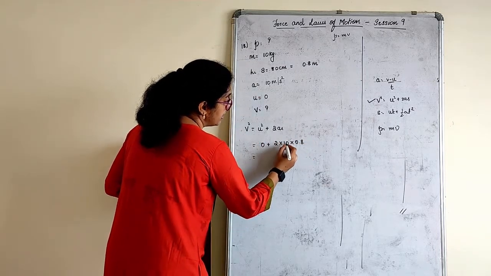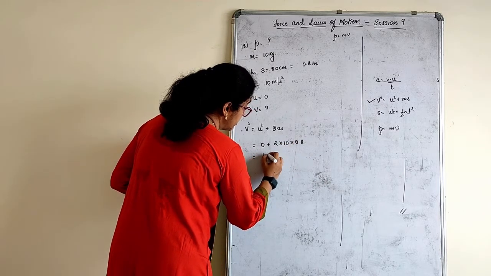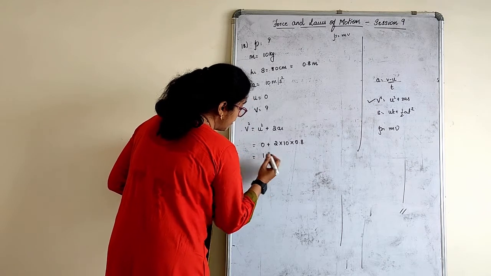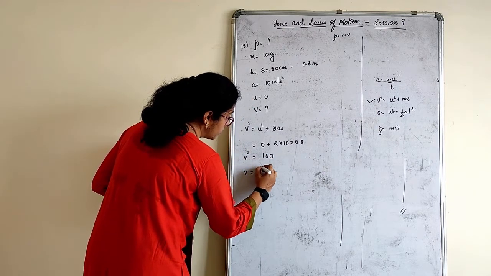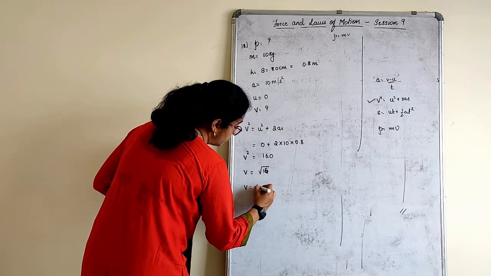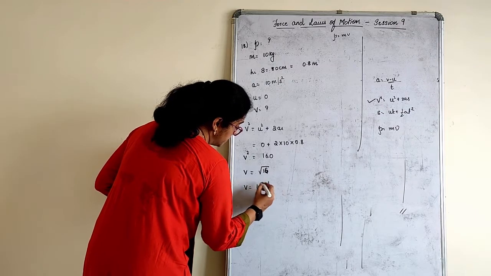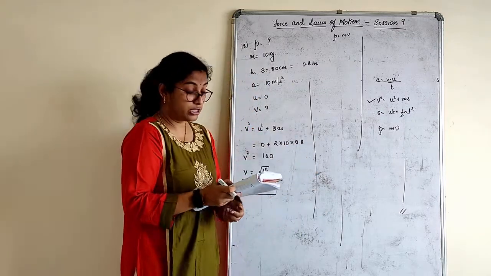So 2 8s are 16 into 10 is 160. After the decimal, v square is equal to 16. So v is equal to root of 16. So v is equal to 4 meters per second. Velocity we found out.